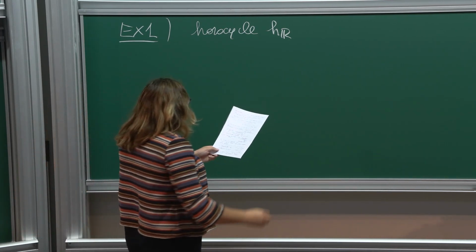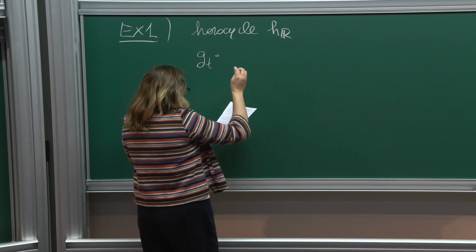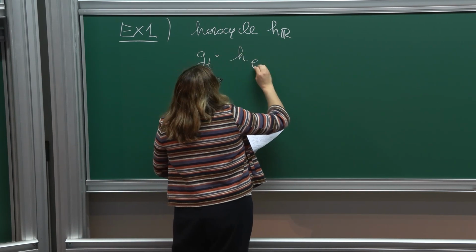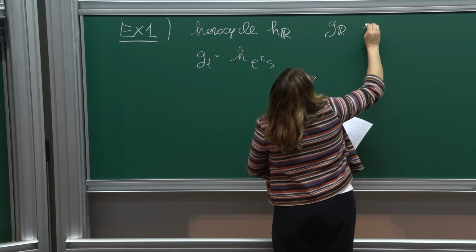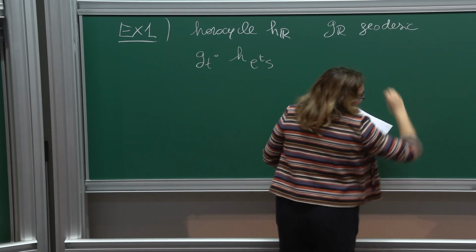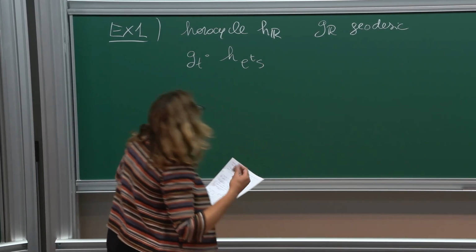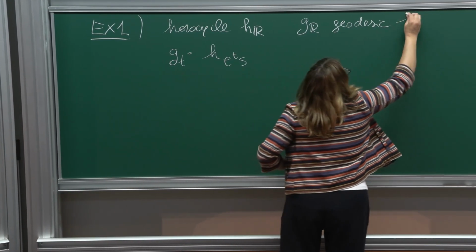The horocycle flow, we said, satisfies this important relation that we played with last week. If I take the companion flow, which is the geodesic flow, on the unit tangent bundle of a compact hyperbolic surface with negative curvature.